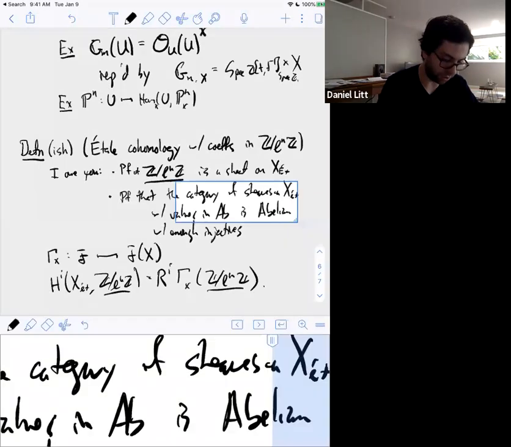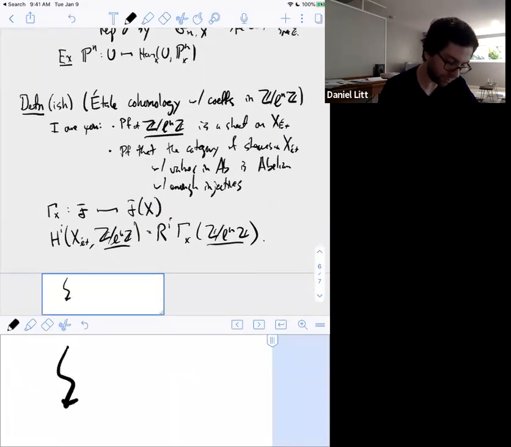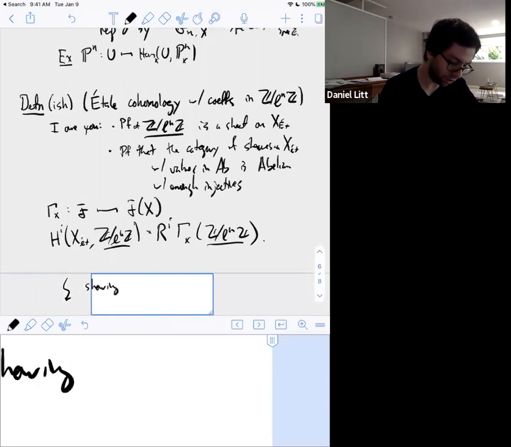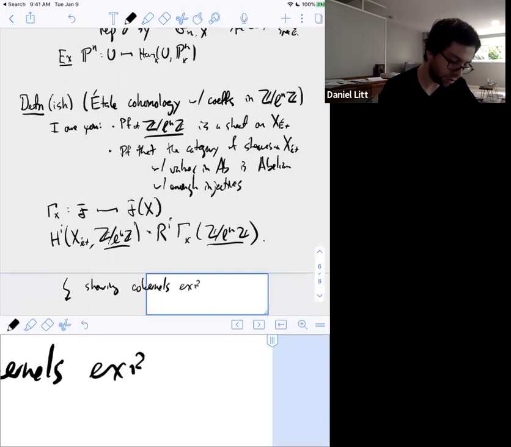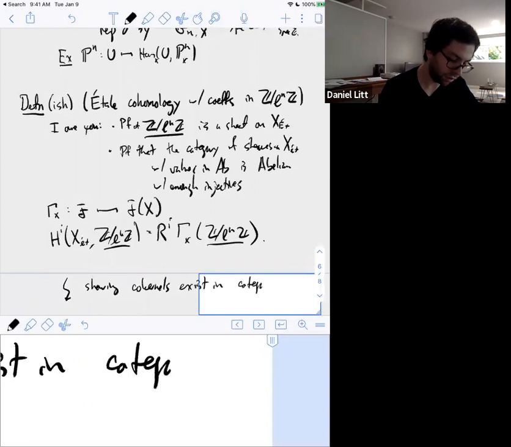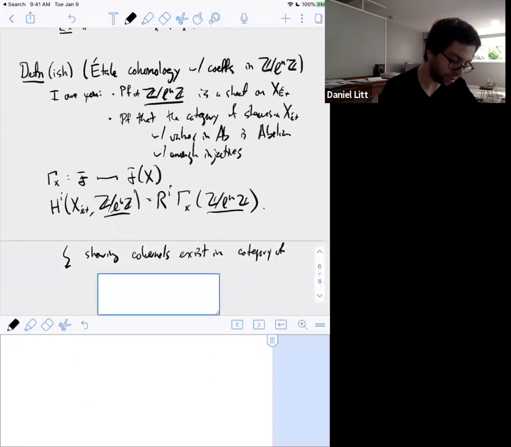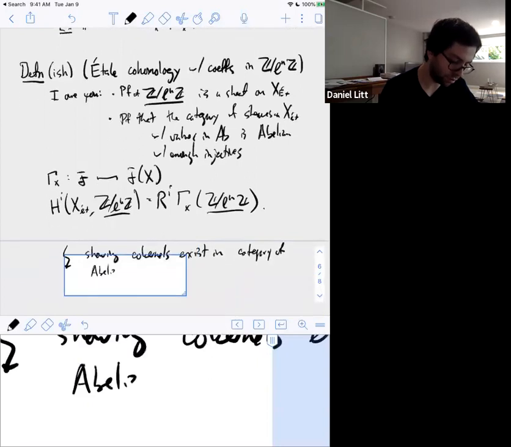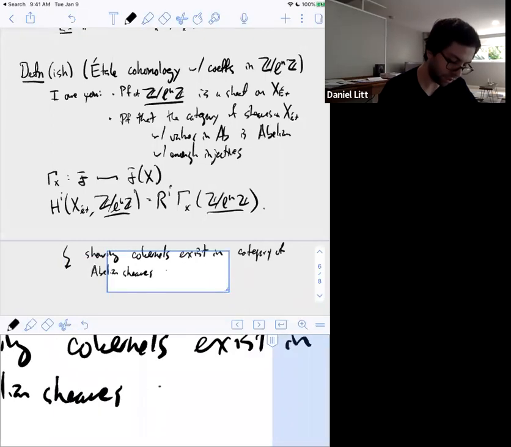So the warning is that even showing cokernels exist in the category of abelian sheaves on a site is non-trivial. It's going to be true on a general site.